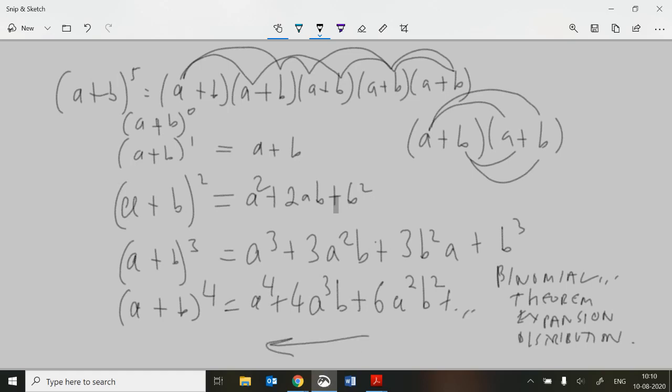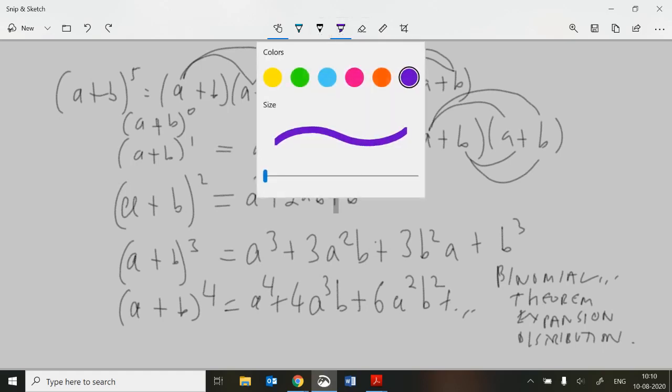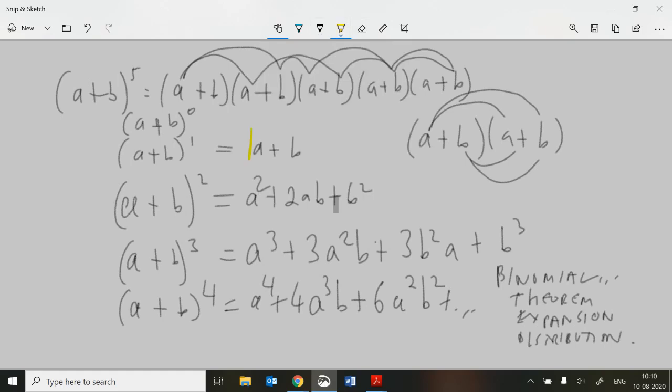It's going to be the symmetry there, but with b being b cubed and a being just a, and then you're getting b to the power 4 at the end. But all of the coefficients which you're seeing here, so the 1, 1, 1, 2, 1, 1, 3, 3, 1, 1, 4, 6, 4, 1, they're all coming from Pascal's triangle.